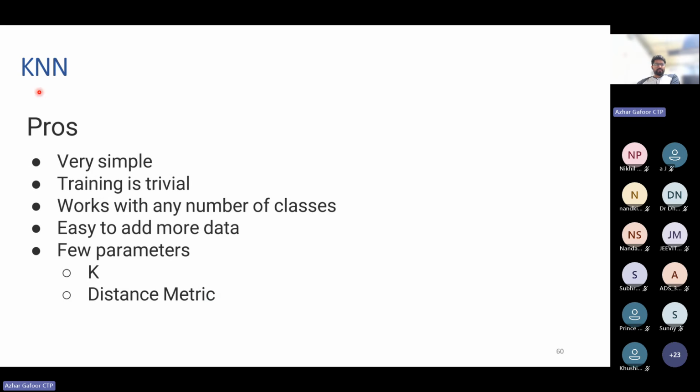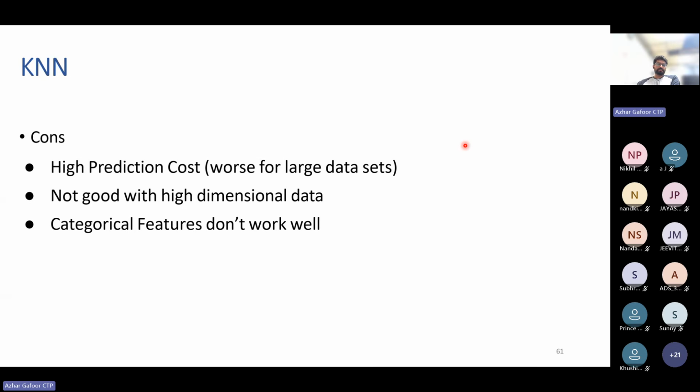So KNN, some of the advantages are, it is a very simple model. Training is trivial and works with any number of classes, it is easy to add more data, and it has very few parameters. But there are some disadvantages also, like a high prediction cost.